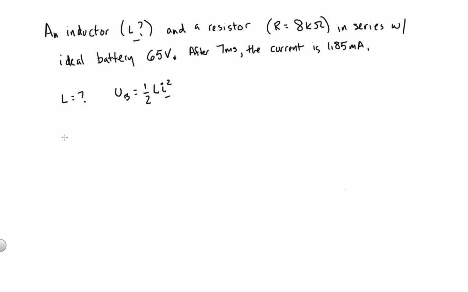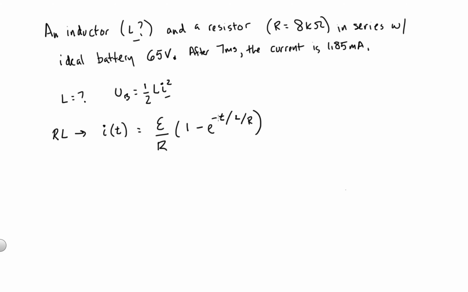Now for these types of circuits, right, so RL circuits, we know the following. We know that the current at any time t is the voltage supplied by the battery divided by the resistance of our resistor, and then we have this exponential term which trends towards 1 at large t's.